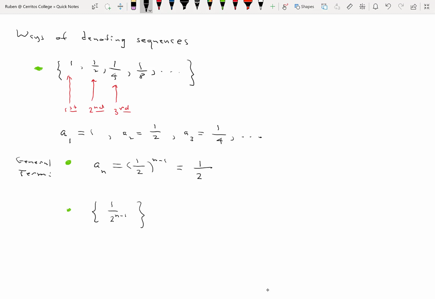This is 1/2 to the n minus 1. So putting the general term within braces. The last way, and this one's not as popular, is to use the way I just did, combination of the braces set notation plus the general term, and then writing as in superscript n equals 1 and infinity.